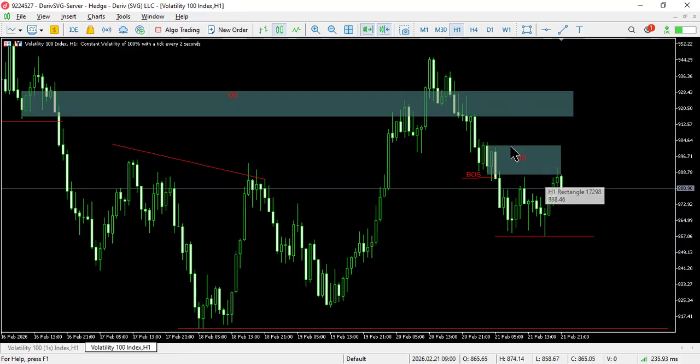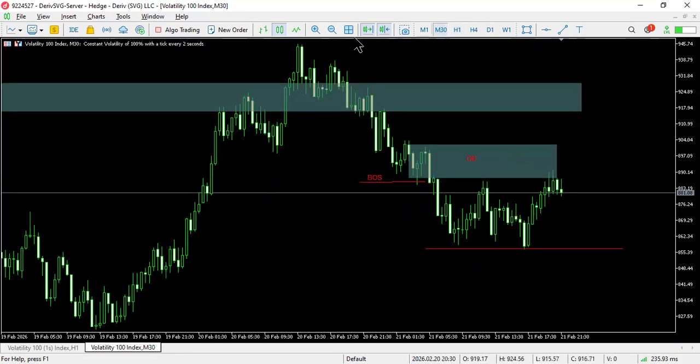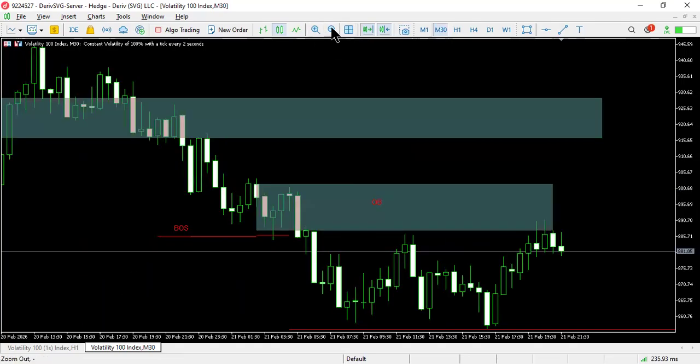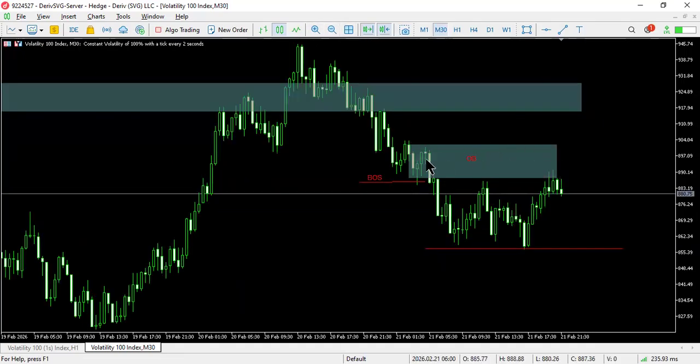Let's go to the M30 to see if we can get an instant execution, because currently price is at a good resistance level.